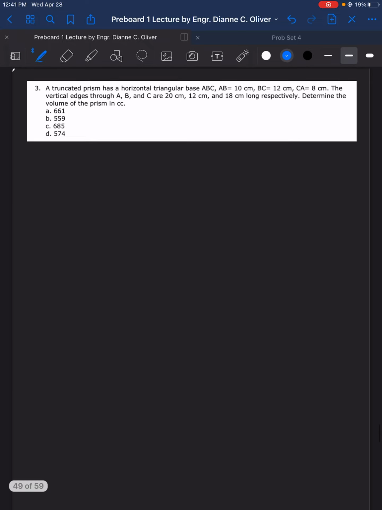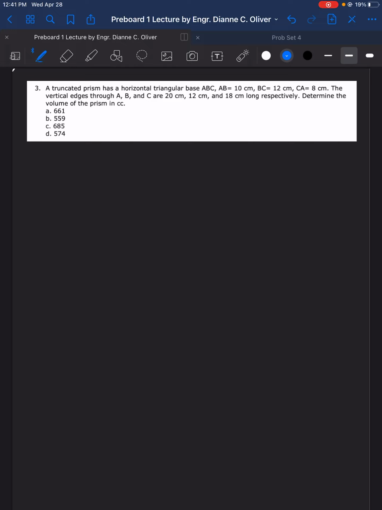Let's go to number 3. A truncated prism has a horizontal triangular base ABC, where AB is equal to 10 centimeters, BC is equal to 12 centimeters, CA is equal to 8 centimeters. The vertical edges through A, B, and C are 20 centimeters, 12 centimeters, and 18 centimeters long, respectively.